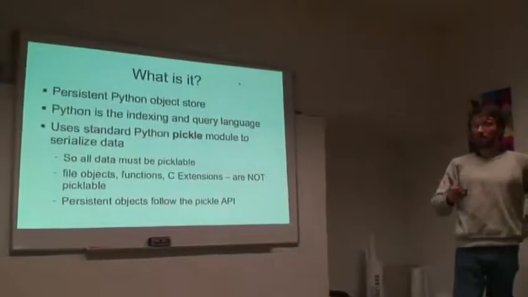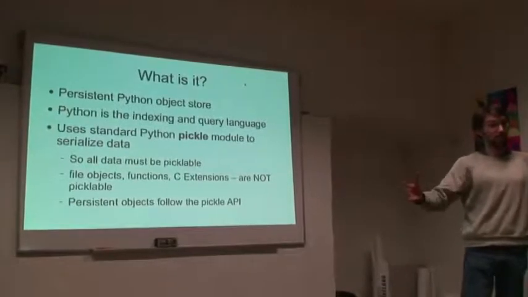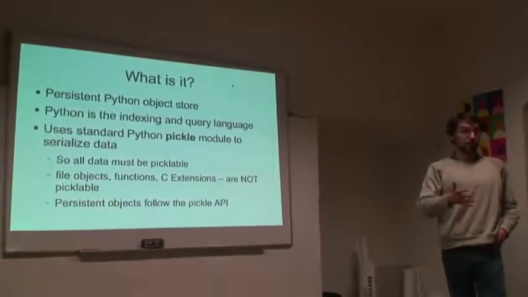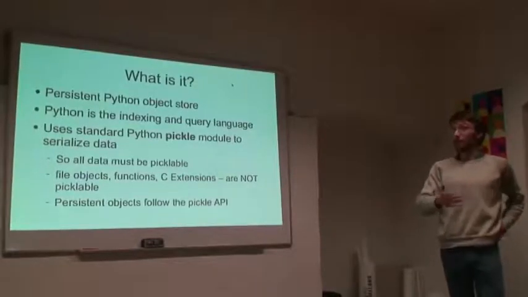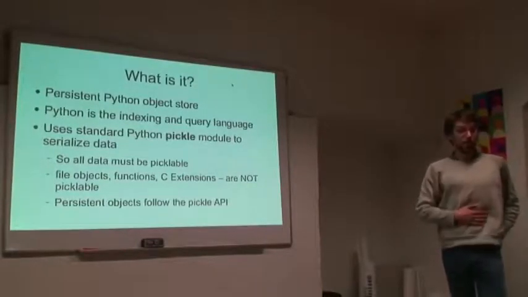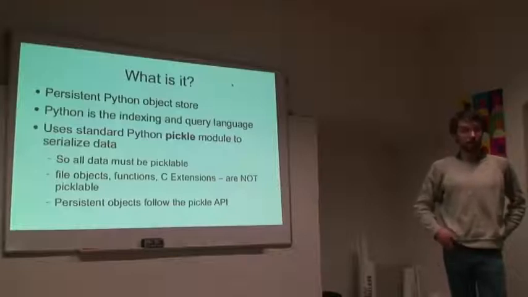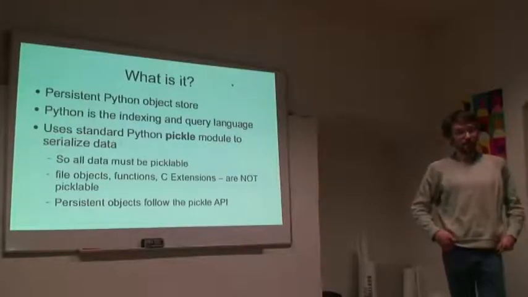So basically what the database does is store Python objects, and that's it. There are other things it can store as well, but we'll go into that later. Primarily it's used to just store Python objects. So any querying of the objects that you need to do, we just use Python.